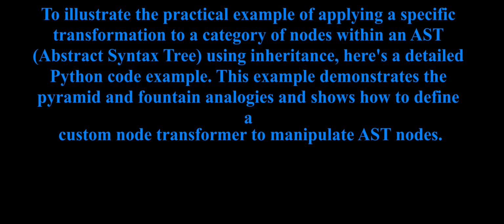To illustrate the practical example of applying a specific transformation to a category of nodes within an AST, abstract syntax tree, using inheritance, here's a detailed Python code example. This example demonstrates the pyramid and fountain analogies and shows how to define a custom node transformer to manipulate AST nodes. 1.